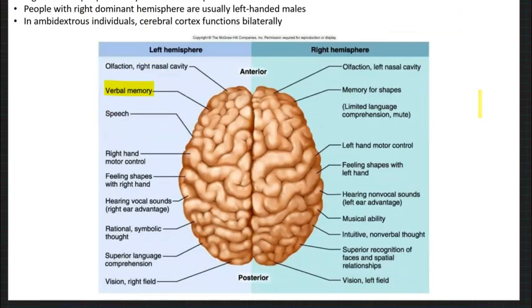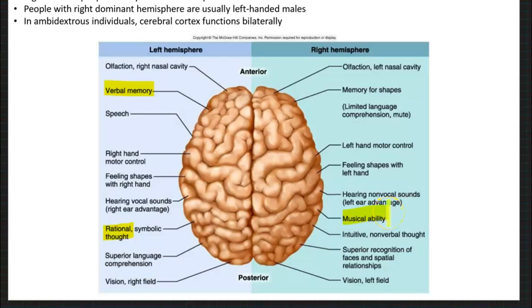If you start looking at this image, you think that somebody who is left hemisphere dominant will be more rational, and somebody who is right hemisphere dominant will be more musical.